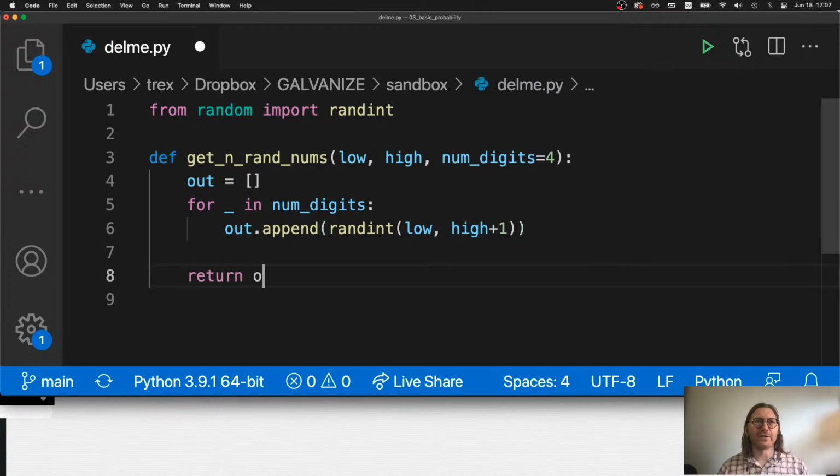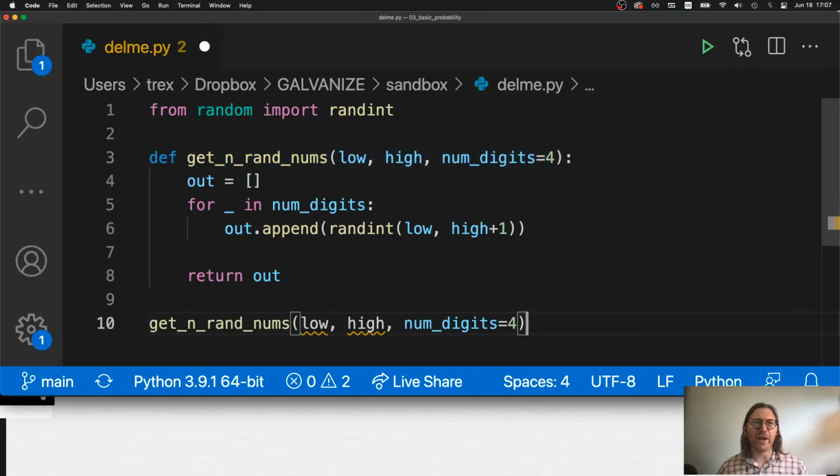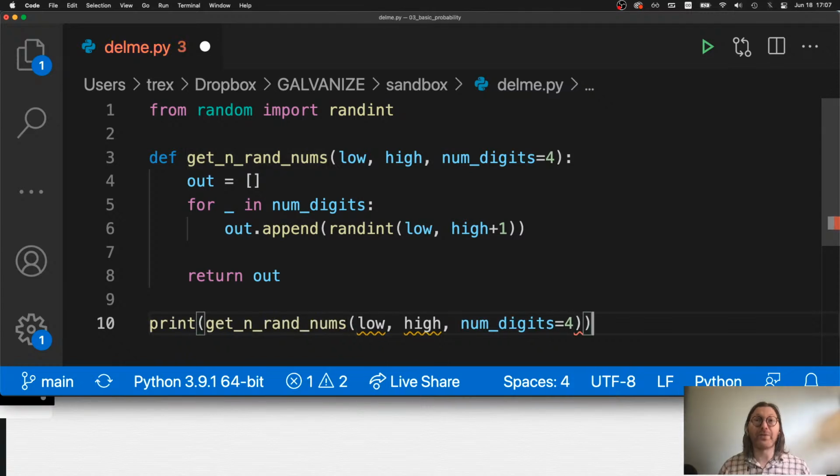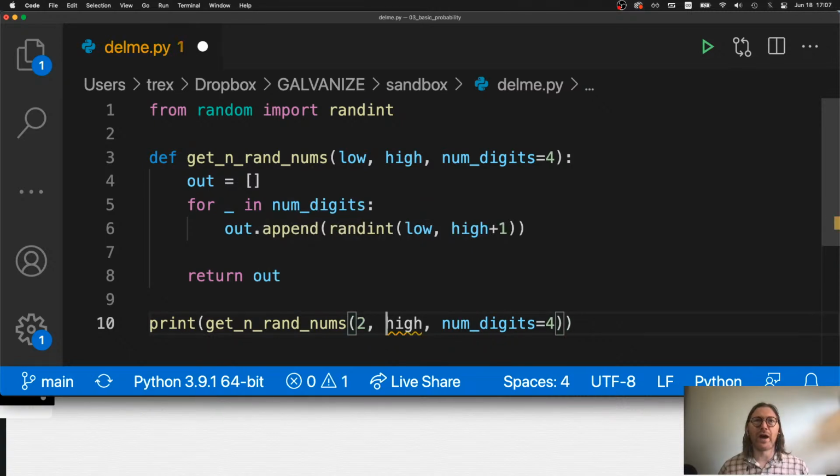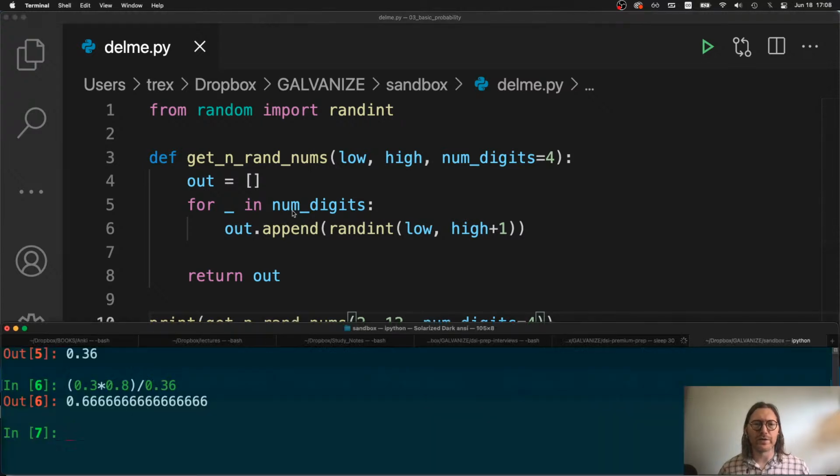We'll test that in a second. So we return out. Again, the goal of this is to demonstrate a phenomenon that we don't know, that we are defining. Let's say the low is 2 and the high is 12. Let's see if this works.